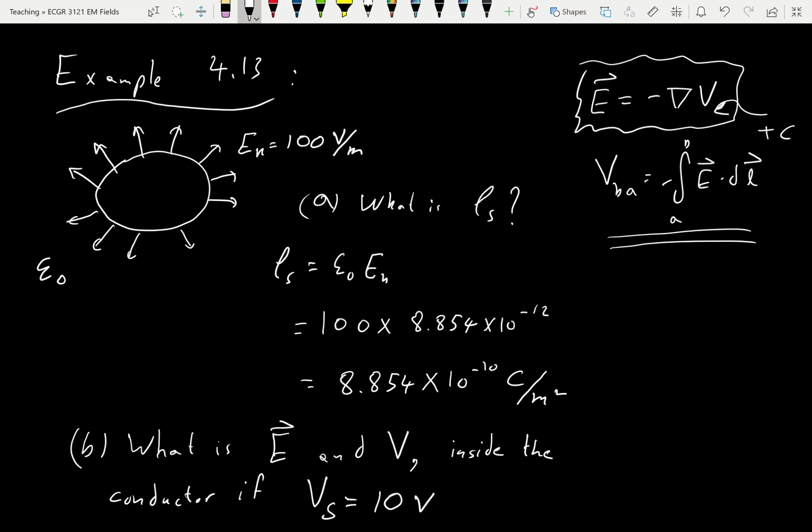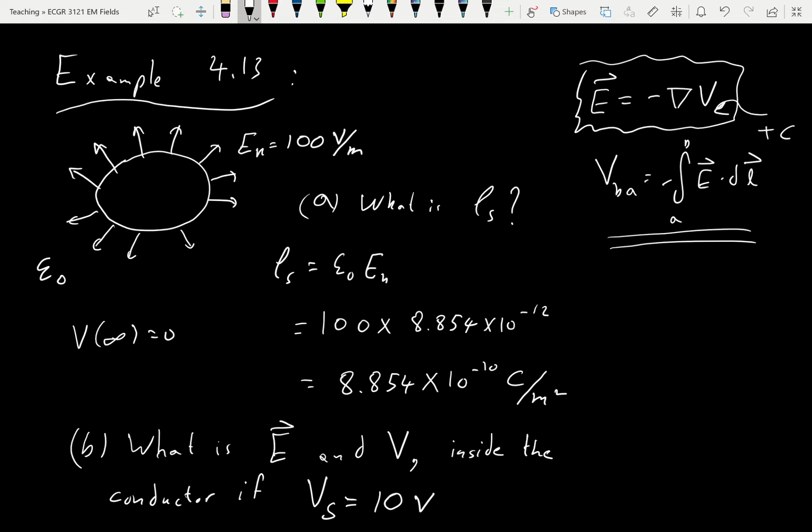Typically, and we did that when we looked at the potential of the point charge, we just assumed C2 equals 0, meaning we just assumed that the potential at infinity for a point charge is 0. So a good starting point in many problems is to assume that the potential at infinity equals 0 at a very large distance. It's only when we get closer and closer to a charge distribution that the potential deviates away from 0.